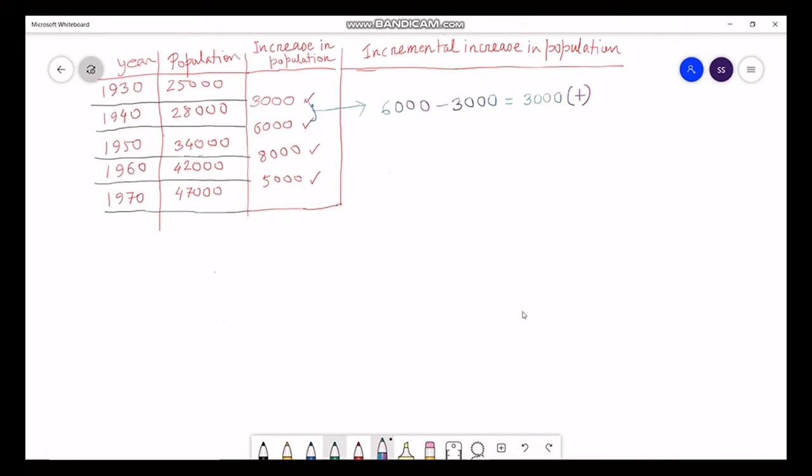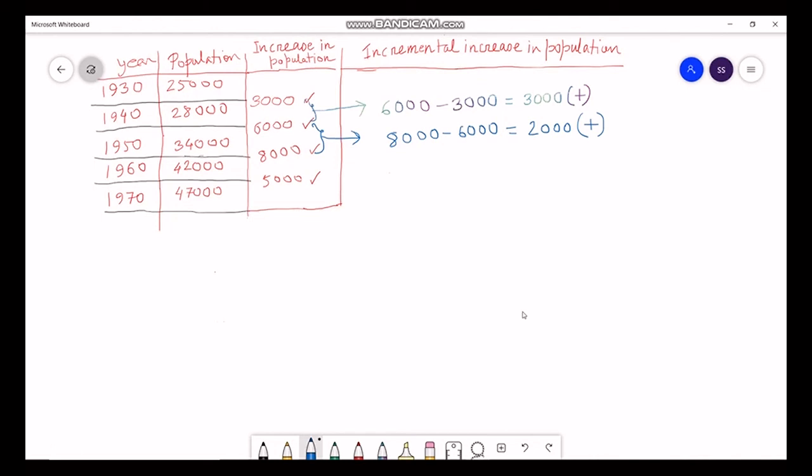Again, the next incremental increase calculation is between 6000 and 8000. So the incremental increase is 8000 minus 6000 equals 2000. Again, the incremental increase is on the positive side.